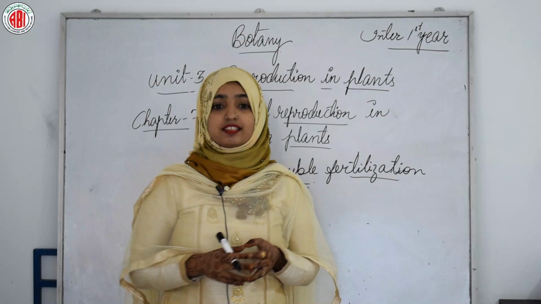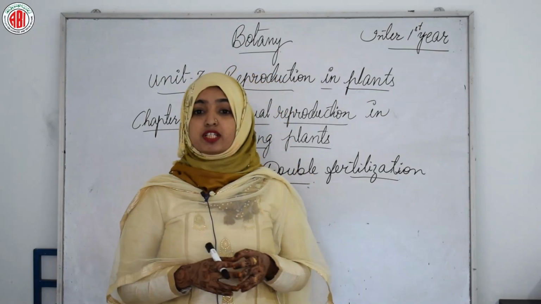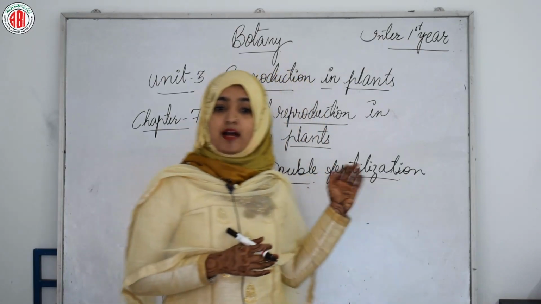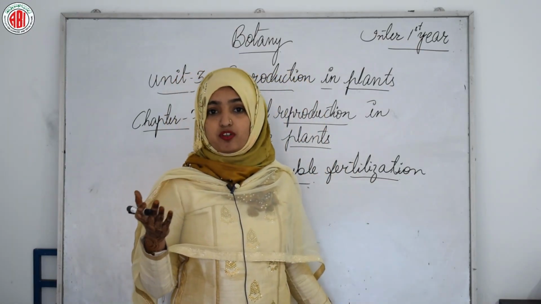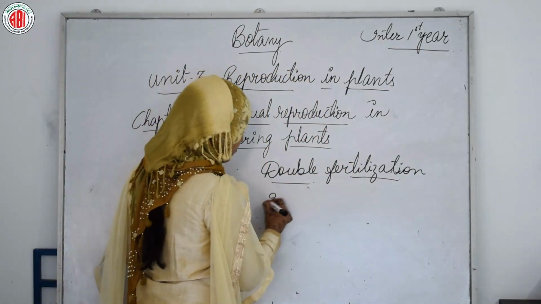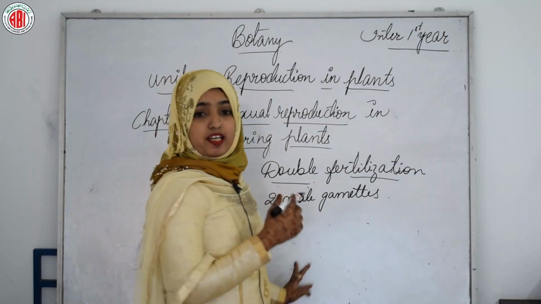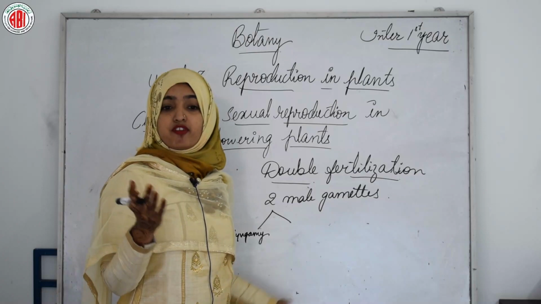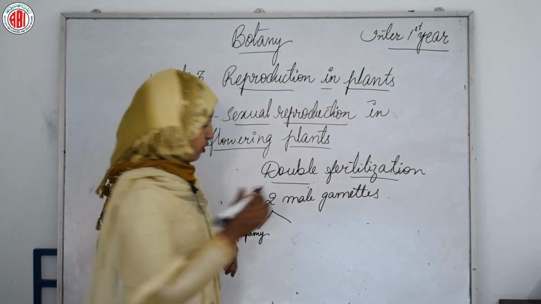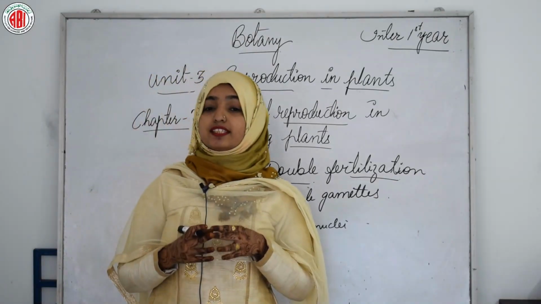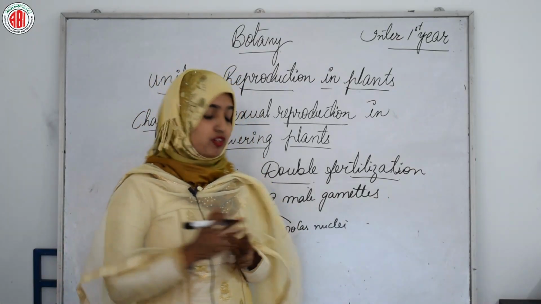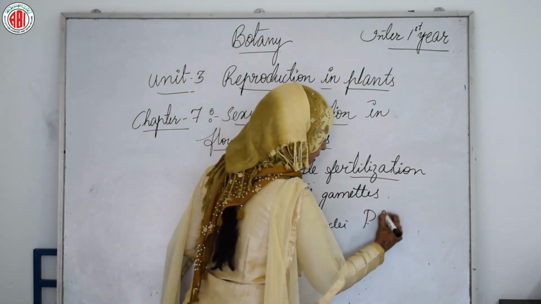We have already learned this, and this results in the formation of the diploid cell, the zygote. The other male gamete moves towards the two polar nuclei, because two male gametes were formed, no? From that, one takes part in the syngamy or the fertilization, and the other male gamete moves towards the two polar nuclei located in the central cell and fuses with them to produce a triploid primary endosperm nucleus, which can be called PEN.